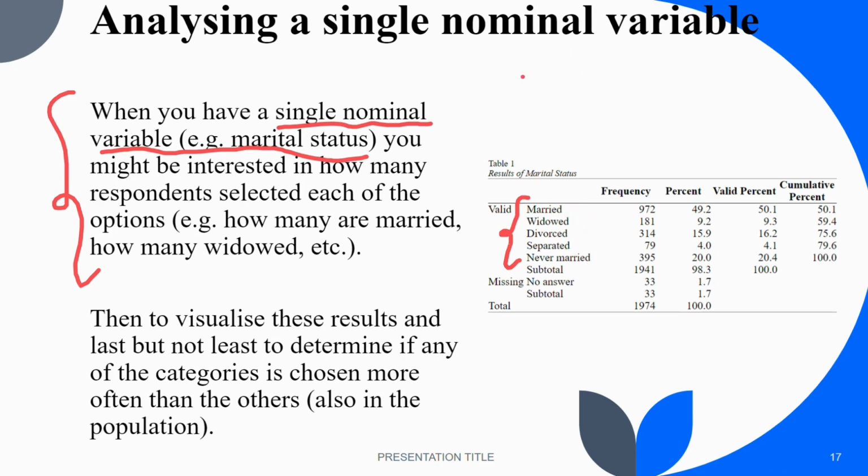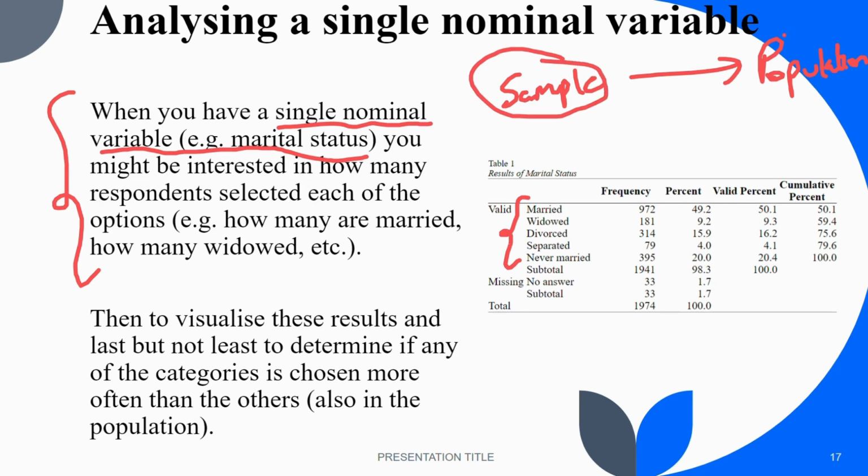We will be working with a sample and we will be concluding about the population. So that is where data science comes into the picture: given a small sample, we can talk about the population. In this sample of 1941 values, we have this distribution of data.